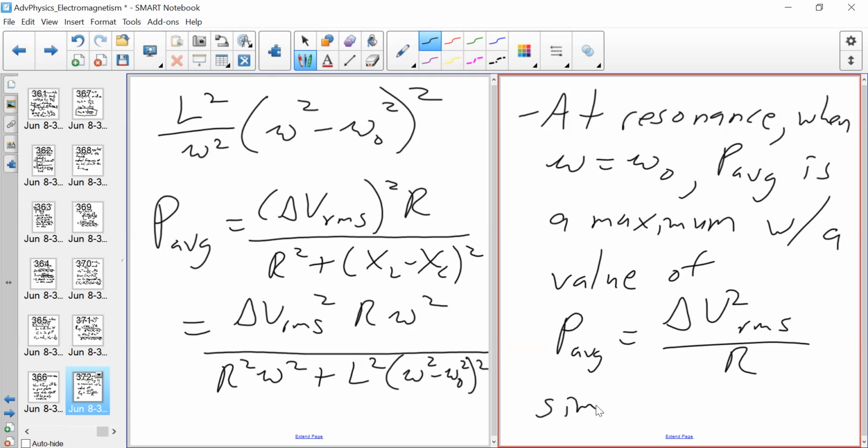Because this is similar to V squared over R, one direct voltage source of resistance. And notice that, obviously, resistance never had an RMS or a max. It is what it is. So you're basically having the simplest case of a circuit when the RLC operates at resonance. Then the math bears out.